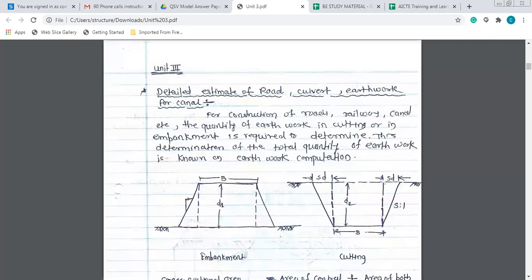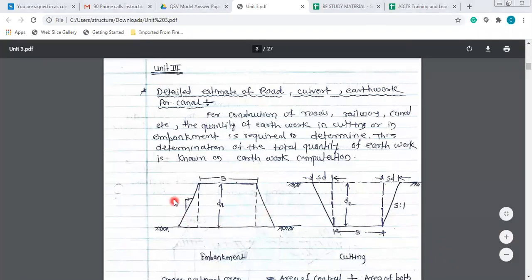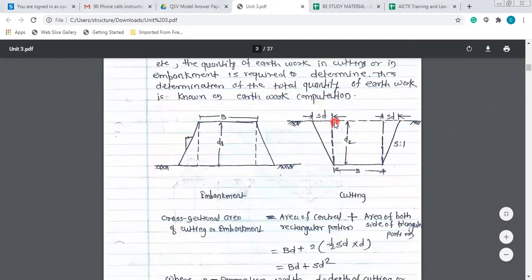Now if you see the diagram, I will use the pointer. This particular diagram highlights the road section which is in embankment, and the second diagram deals with the road section which is in cutting. Generally you are going to observe this particular shape of the cross section of the road.